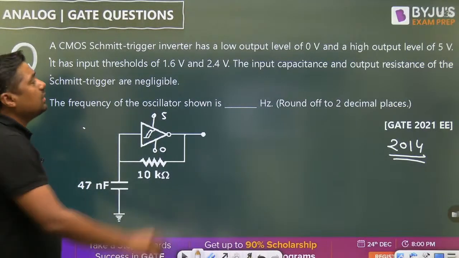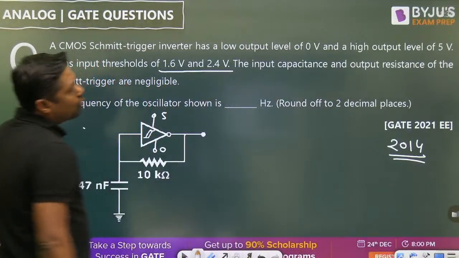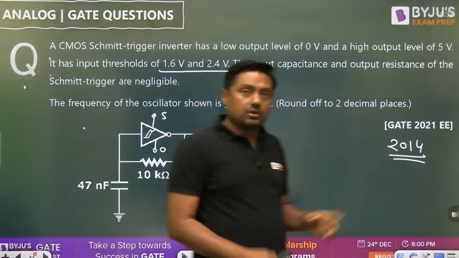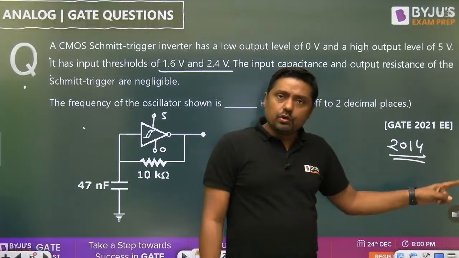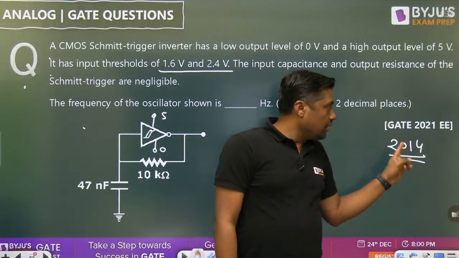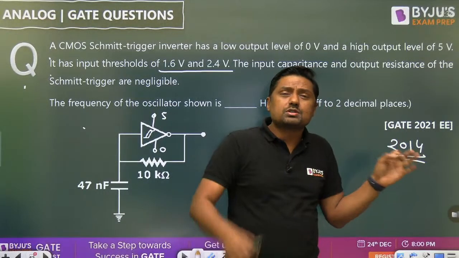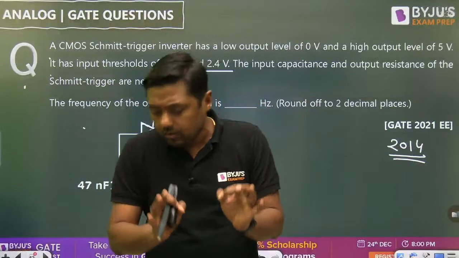Direct threshold voltage is given, 1.6 and 2.4 volt. The input capacitance and output resistance of the CMOS trigger are negligible, ideal circuit. Find the frequency of the oscillation shown in the figure, right? 2022 similar question, 2021 similar question in electrical branch, 2014 same to same question in electrical branch.